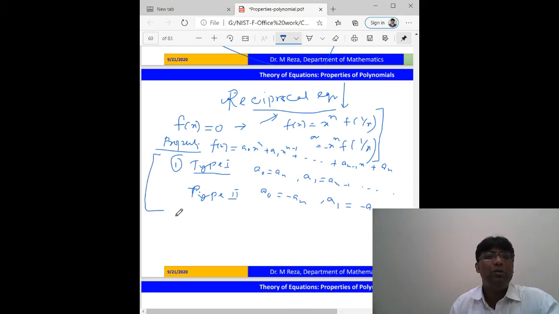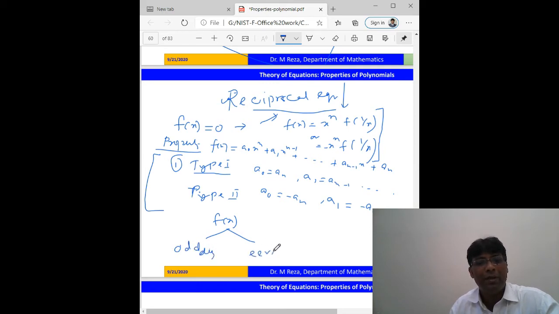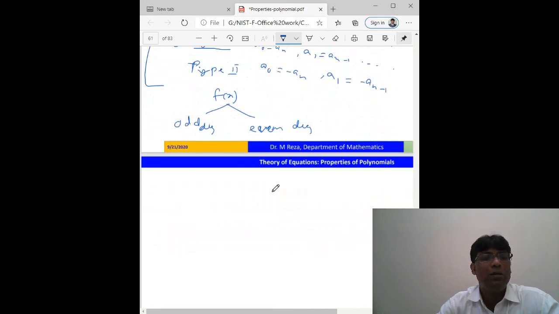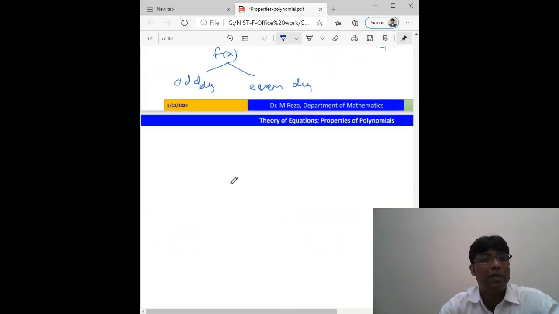Now, when you solve the problems, the polynomial equation f(x) can be either of odd degree or even degree. What you can see is whether it is the first type or the second type.